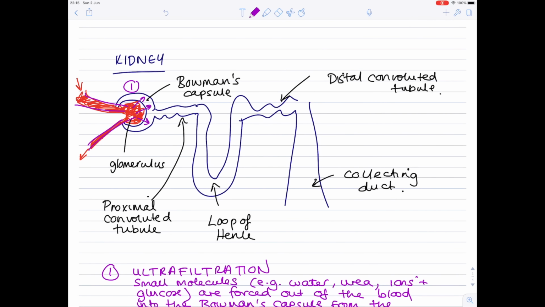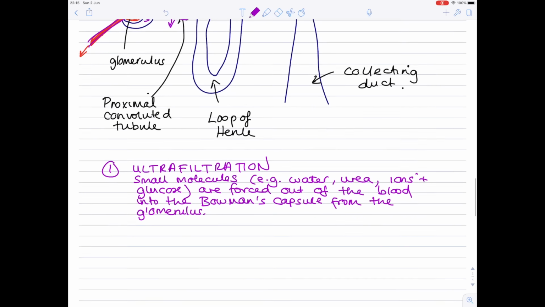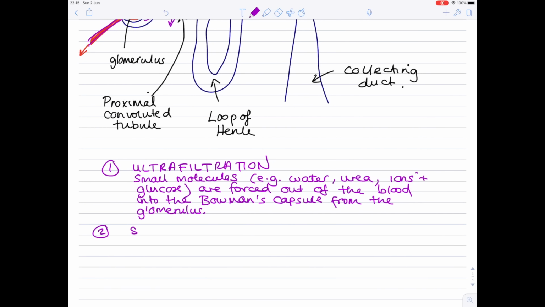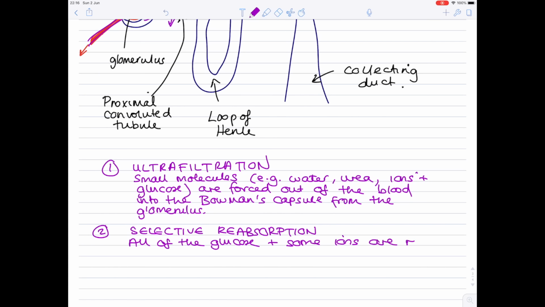And then number 2, selective reabsorption, actually takes place here, and that's where some of these small molecules are returned to the blood, so they leave the nephron. So number 2, selective reabsorption. You've got to be clear as to which molecules are moving. All of the glucose and some ions are returned to the blood from the proximal convoluted tubule.